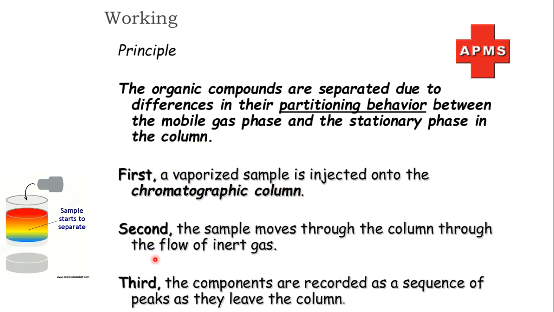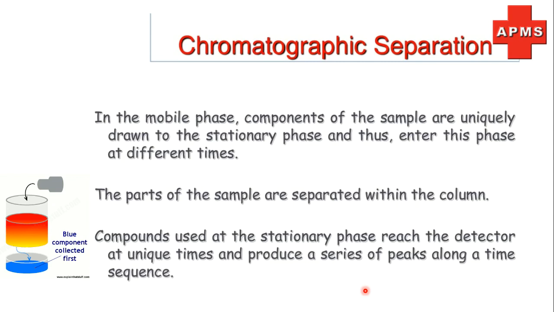Second, the sample travels inside the column with the flow of the inert gas, which is the carrier gas. And the third main component is the detector, which detects the components present in the sample. Same as in chromatography separation, the components of the sample interact differently with the stationary phase and thus leave the column at different times.